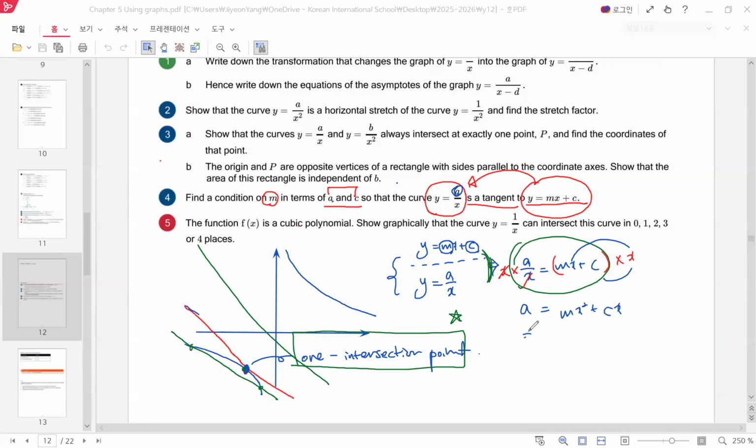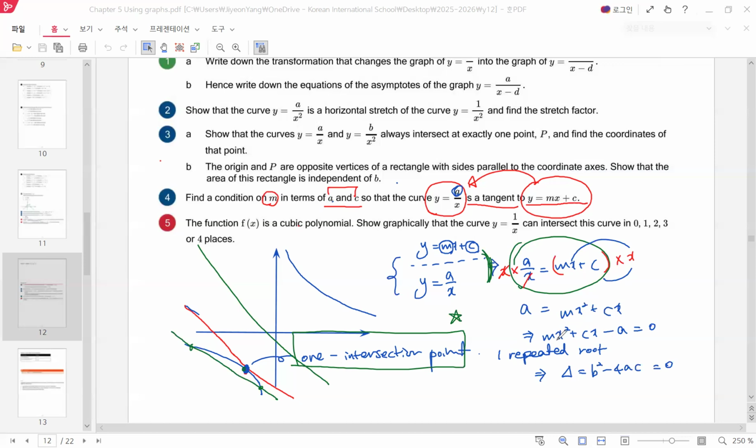So you get a quadratic equation, and since one intersection point means one repeated root, you need the discriminant b squared minus 4ac to be 0.